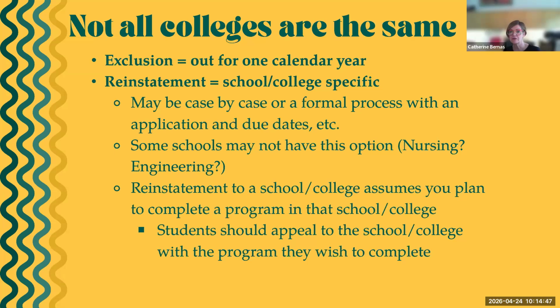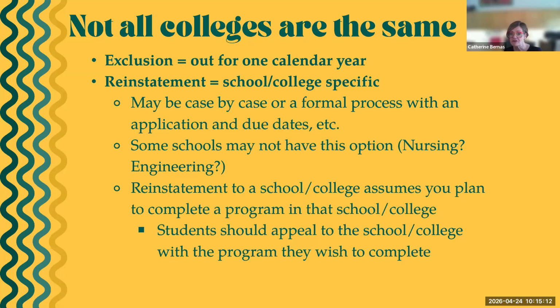But technically, students are excluded after 3 semesters below a 2.0, and they are excluded for 1 calendar year. And they get an exclusion hold. And generally speaking, we indicate when that exclusion has gone into effect so that anybody looking at that hold can calculate when that student can apply for reinstatement.